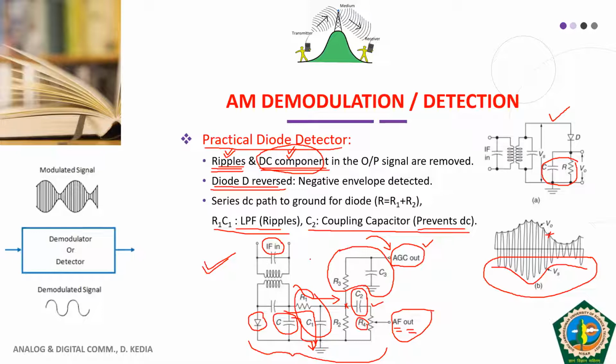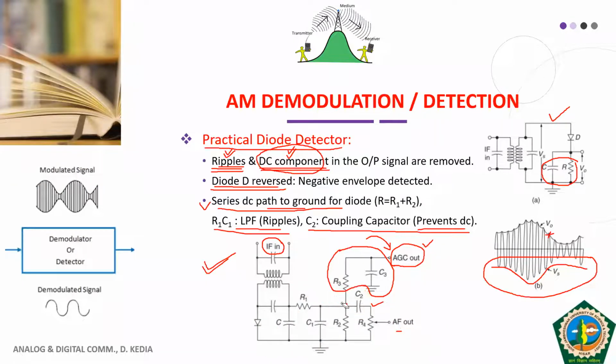Okay, and now one point that I have mentioned here, that your R equal to R1 plus R2 provides a series DC path to the ground. Let me explain it further. We all know how a capacitor works.